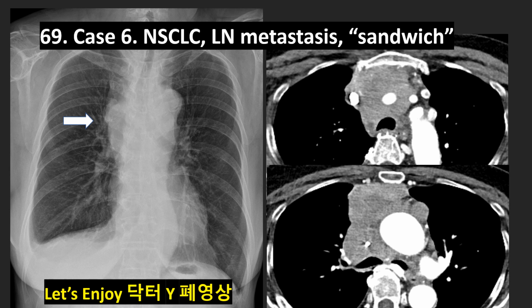The mass conforms to the surrounding vascular structures, almost mimicking malignant lymphoma. This is lymph node metastasis of non-small cell lung cancer. It is important to understand that not only lymphoma but also lymph node metastasis can show us the sandwich sign.